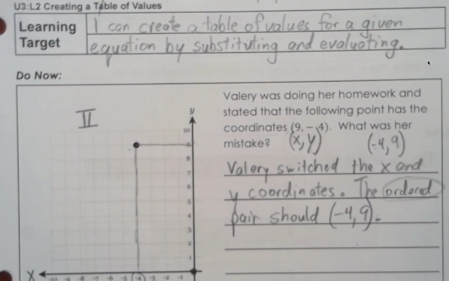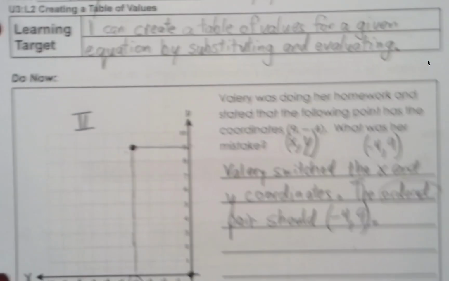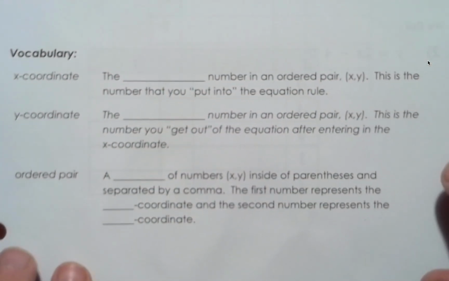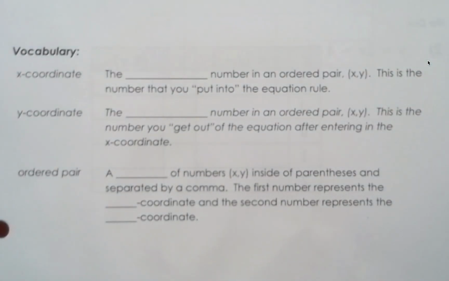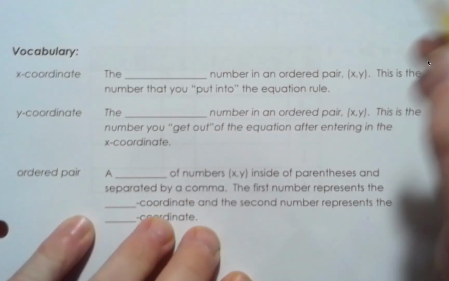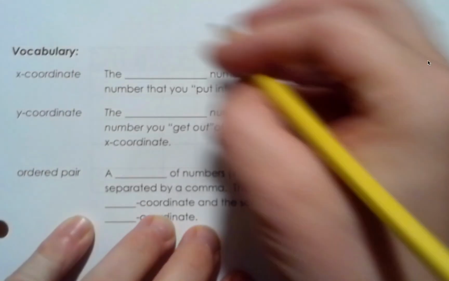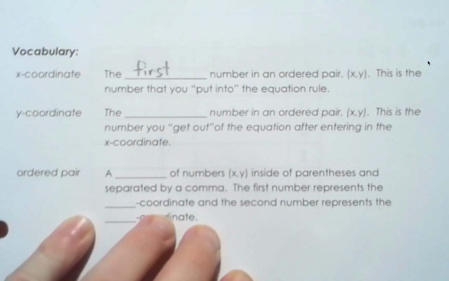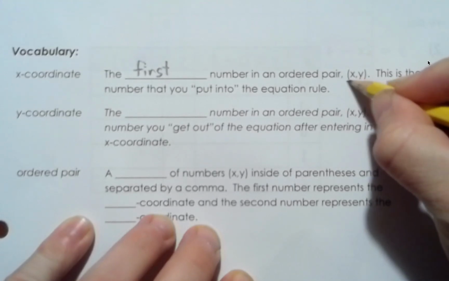Okay, so let's take a look at some important vocabulary here that we have to know, and some of this is review. All of this is review because we've done this before, but it doesn't hurt to review. So the x-coordinate is the first number in the ordered pair. It's the x.